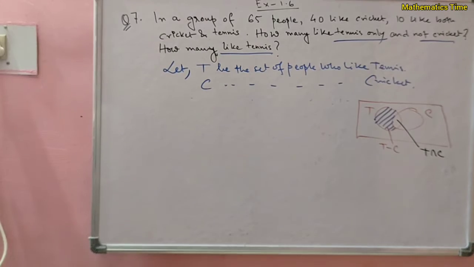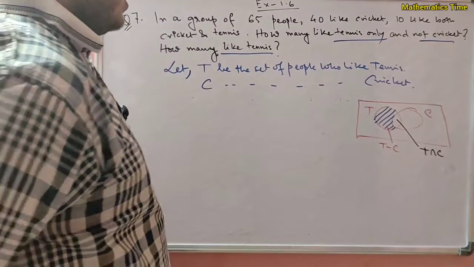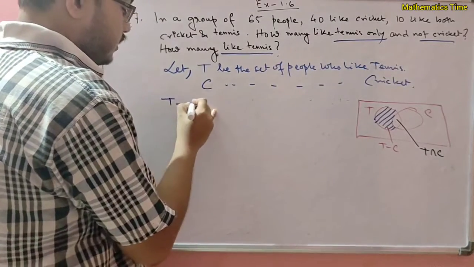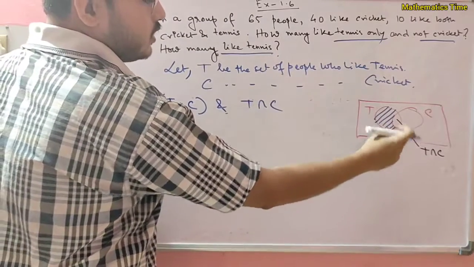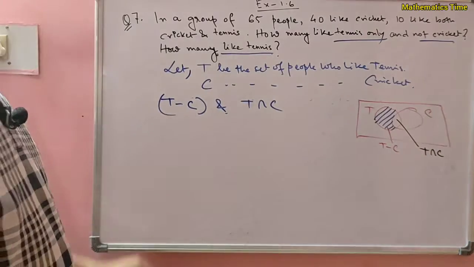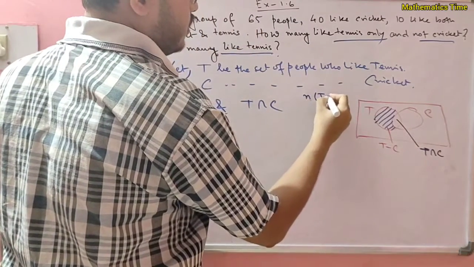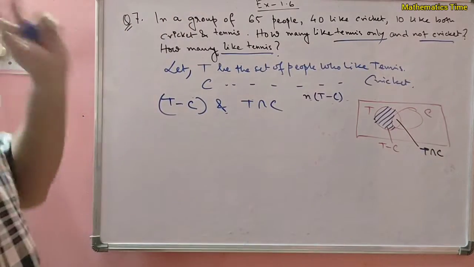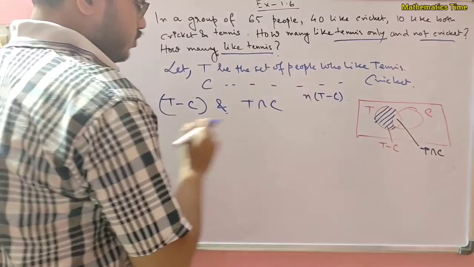So we can try another way to calculate how many like tennis only, not cricket. Let us consider two sets again, T minus C and T intersection C. We have to calculate n of T minus C. First of all, you see these two sets are disjoint.